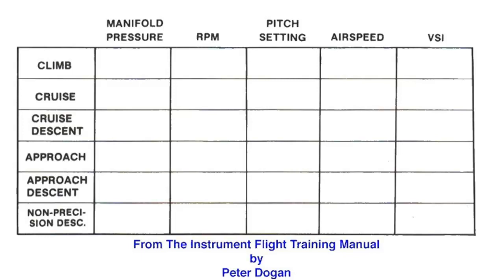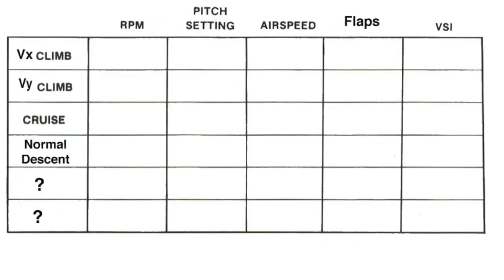Now you can apply this technique to VFR flying as well, and I did that with my students when I was doing primary instruction. I would have them fill out this chart for the 152 or 172, whatever they were learning in, and come up with a configuration for VX climb, VY climb, cruise, normal descent, and there were a couple of other ones that we would put in there.